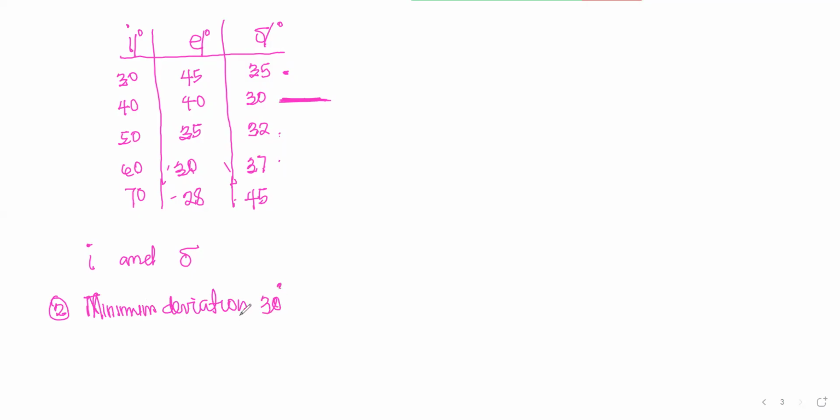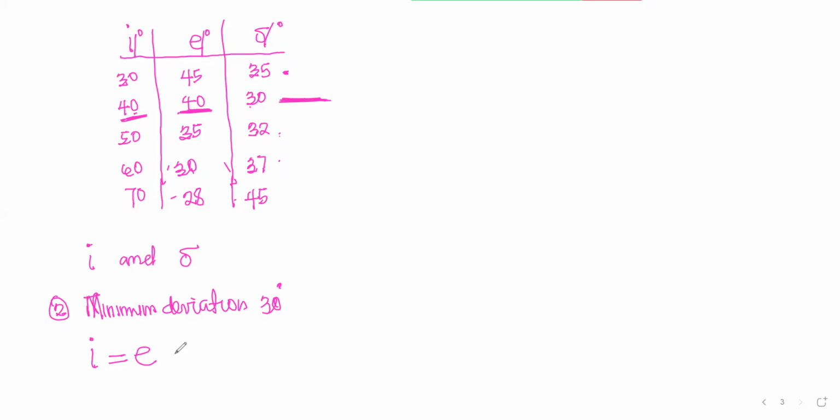And justify why this is the minimum deviation. The justification is that from the theory, when we get to the minimum deviation, the angle of incidence must be equal to the angle of emergence. So when you look at the table, at this value, I is 40, E is also 40.